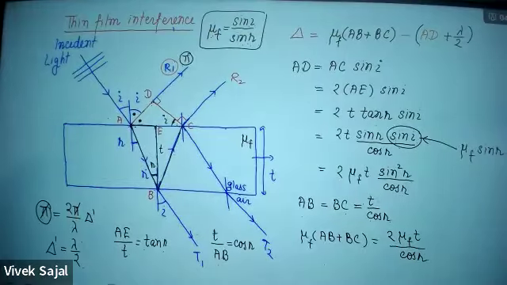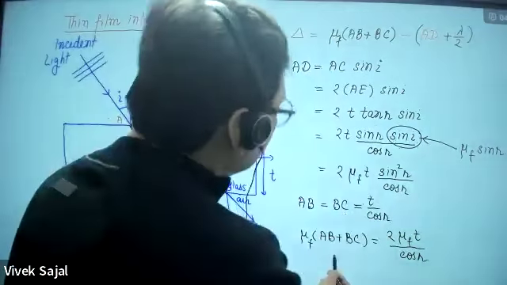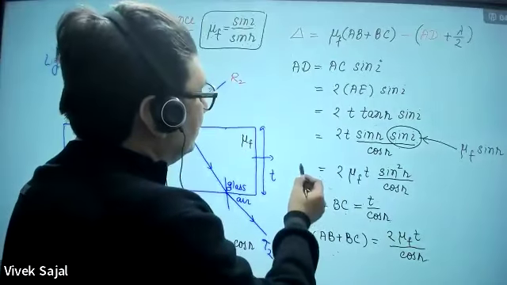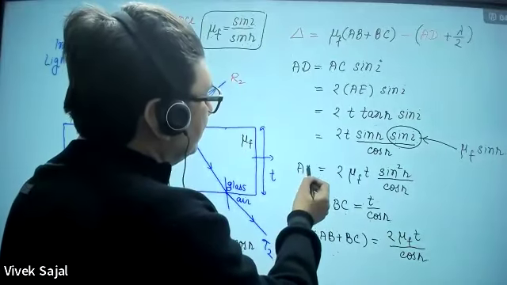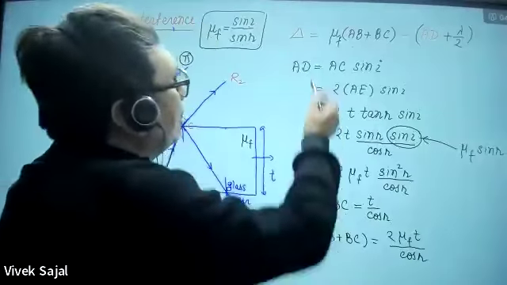Okay? This is the first term. Substitute this value, this value and this value. This is AD here. Substitute this and this value here. So this will be on the next page.